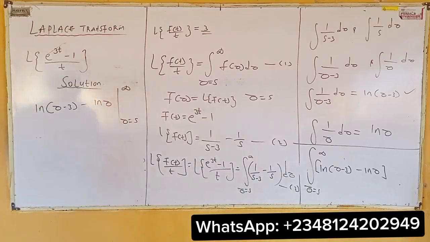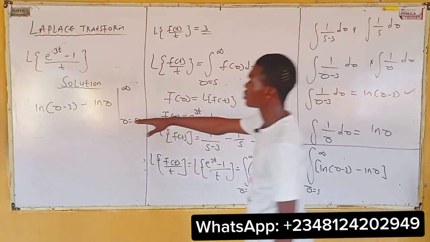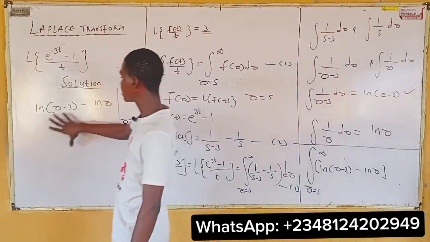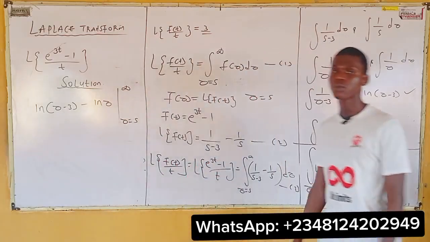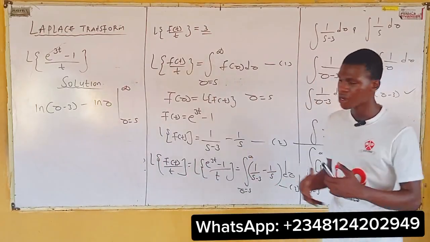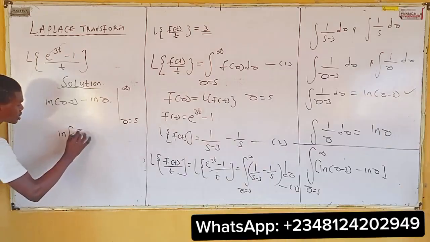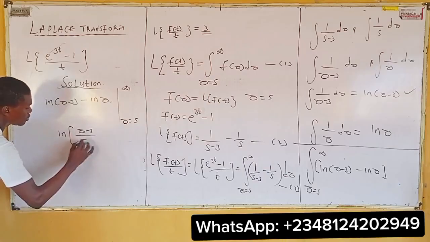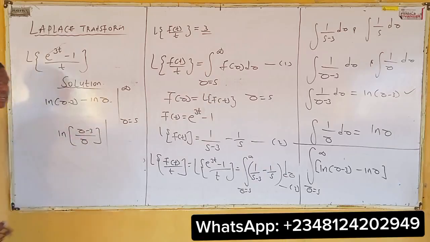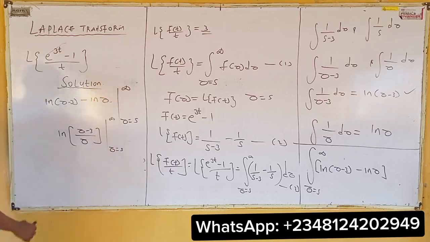But before we substitute our limits, there's a way we can write this expression in a nicer way, to make it easier. We have ln of (sigma minus 3) all divided by sigma, following the logarithm law, introducing your limits, infinity and sigma equals x.